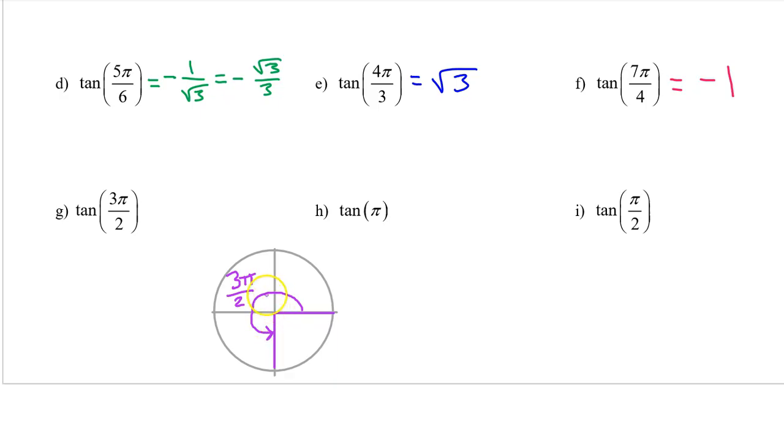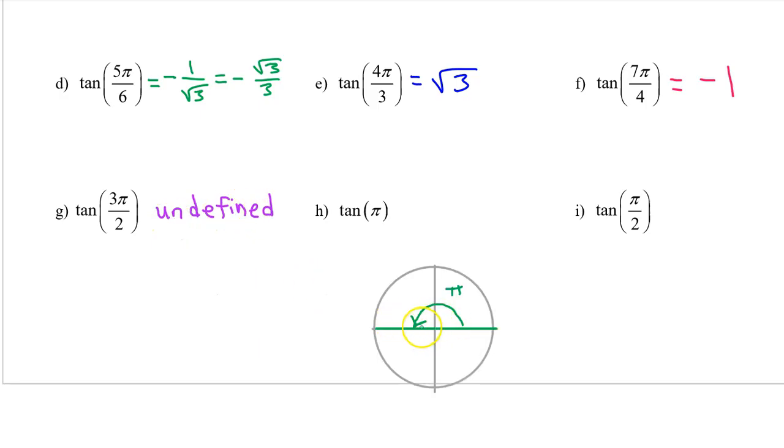The terminal side of 3 pi over 2 lands right on the y-axis. Because the terminal side is vertical, the slope is undefined. Therefore, the tangent of 3 pi over 2 is undefined. The terminal side of pi lands on the x-axis.